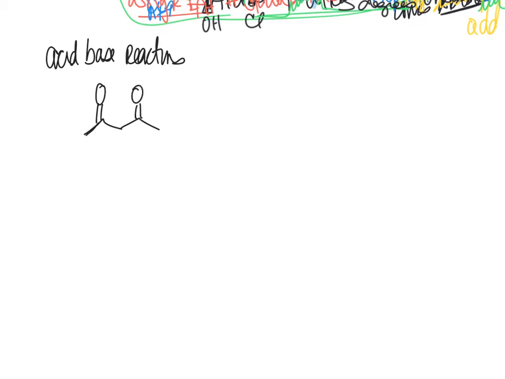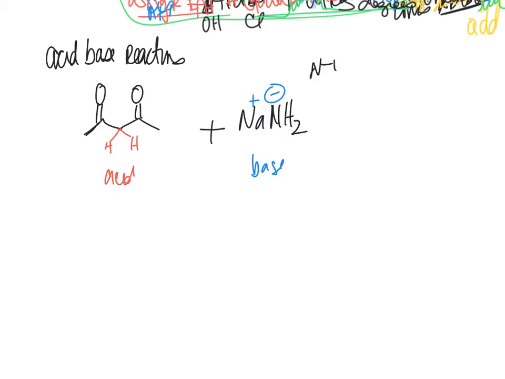Okay, so sodium amide. So yes, you need to know your pK values, right? So you draw in your acidic proton. So this is your acid. This is your base. Can you draw the formal charge? The Lewis structure of this. Okay, so there it is. And this is going to come and take this hydrogen.